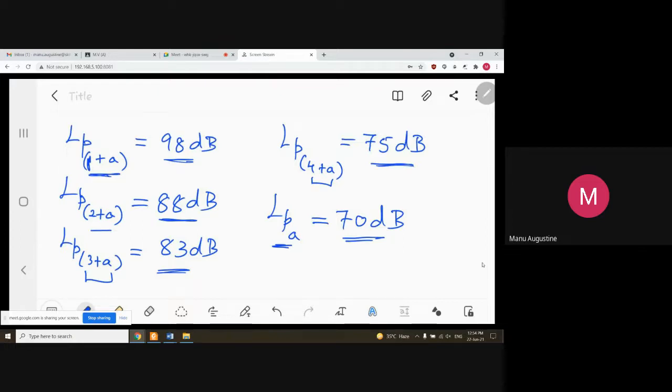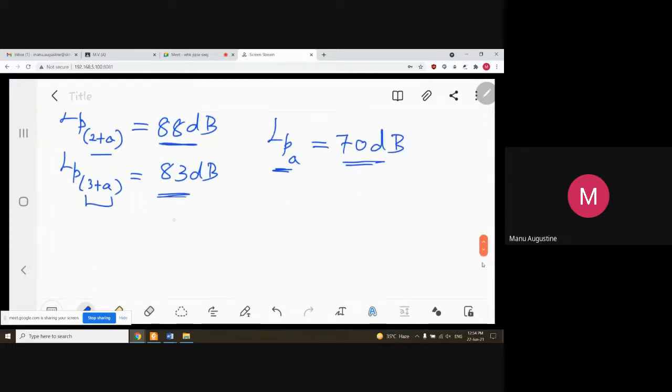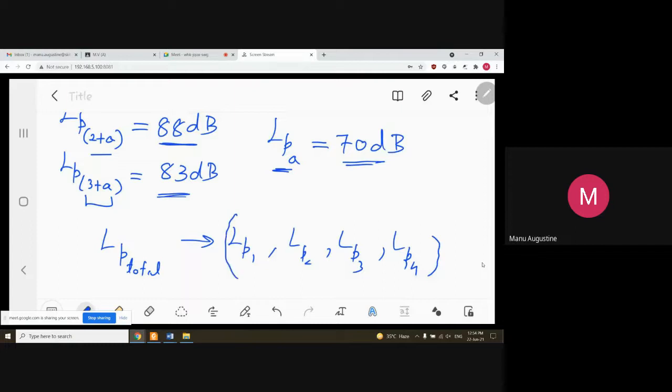Now, they are asking you, what is the LP total when LP1, LP2, LP3, LP4 are taken in a combination without the ambient noise. Now see, I have to add up these decibel values without the ambient noise, which I will call LP1, LP2, LP3, LP4.